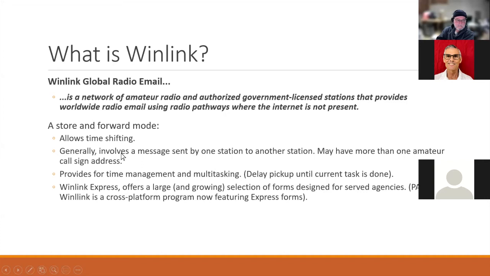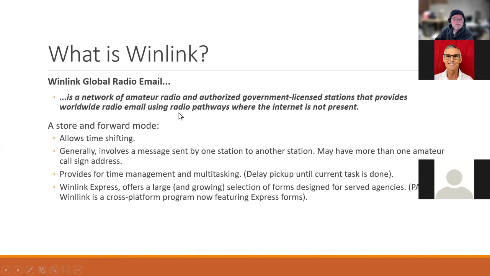We try to focus on the most likely, and this is what all your counties do. They have a list of the most likely things to happen, and then they have solutions. So that's the idea of Winlink. What is the level of loss of communication that you are likely to see?